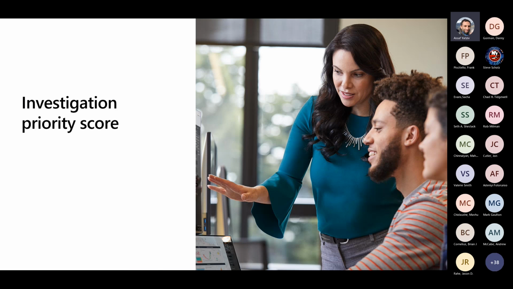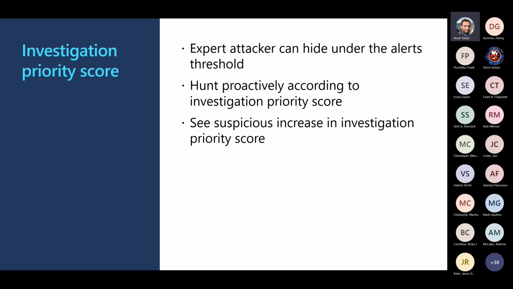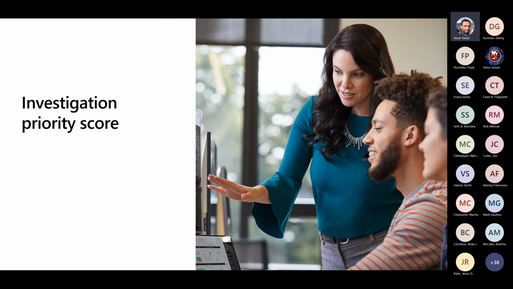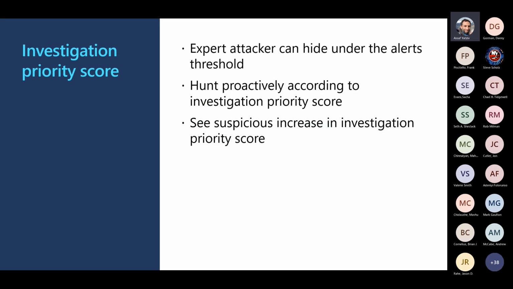Investigation priority score. I know it's a feature not all of you are familiar with, which is something really cool. The logic behind it is that attackers try to hide under the alert threshold, and I know that a lot of organizations don't have the resources to hunt actively and only handle alerts.